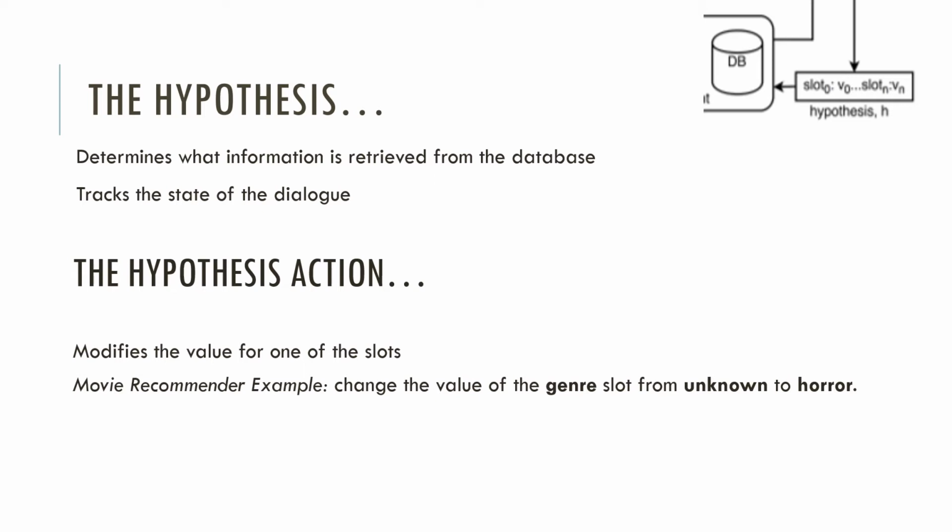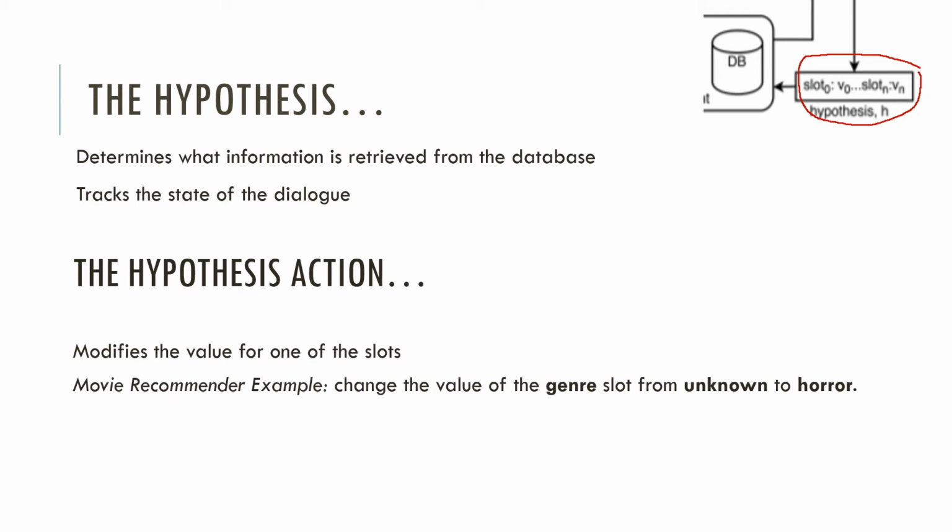So what the authors are using this for is as a stand-in for tracking the state of the dialogue. So now they don't have to have a separate state tracking unit. They simply have a hypothesis that the system can directly act upon, the RL agent can act upon in order to retrieve what needs to be retrieved from the database.